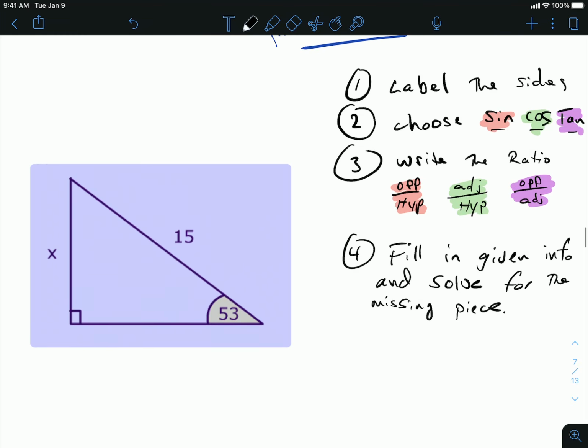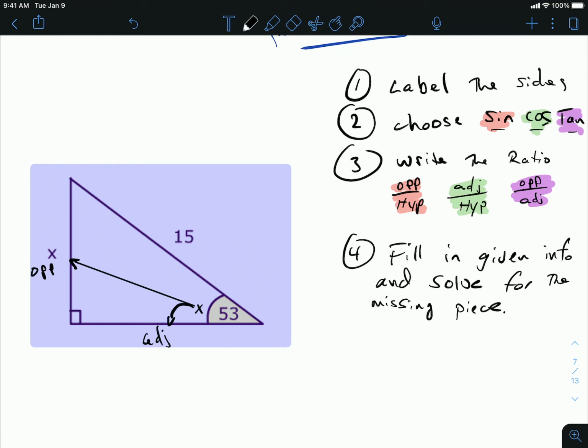So step 1 is telling me label the sides. So where am I standing? I'm standing in the corner that's saying the angle is 53 degrees. Okay, so let's say I'm standing here, right? And I'm going to look directly across. Well, I see x is opposite of me. That must mean that this is adjacent.